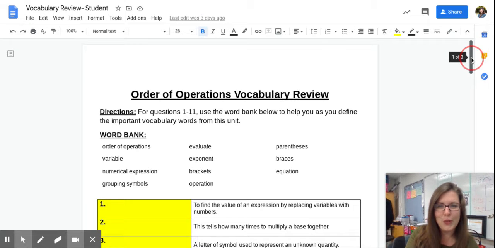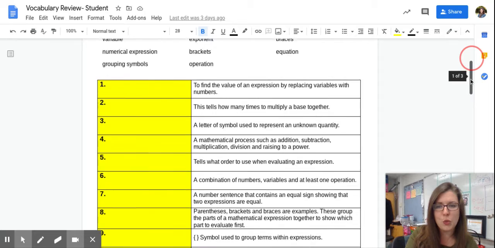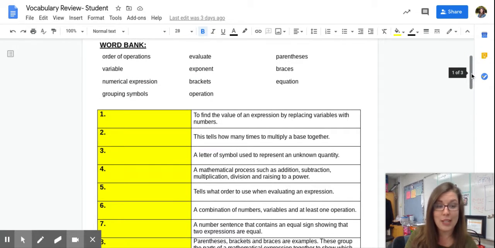First of all, as you scroll down, you'll notice that questions 1 through 11 ask you to take a term, an essential vocabulary word, and place it beside its definition. Remember, your VGO, your vocabulary graphic organizers, did not have 11 terms at the beginning of this unit.